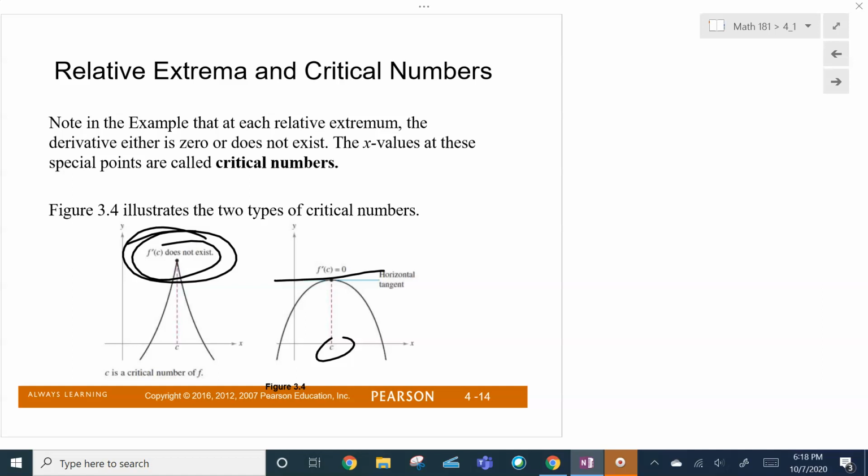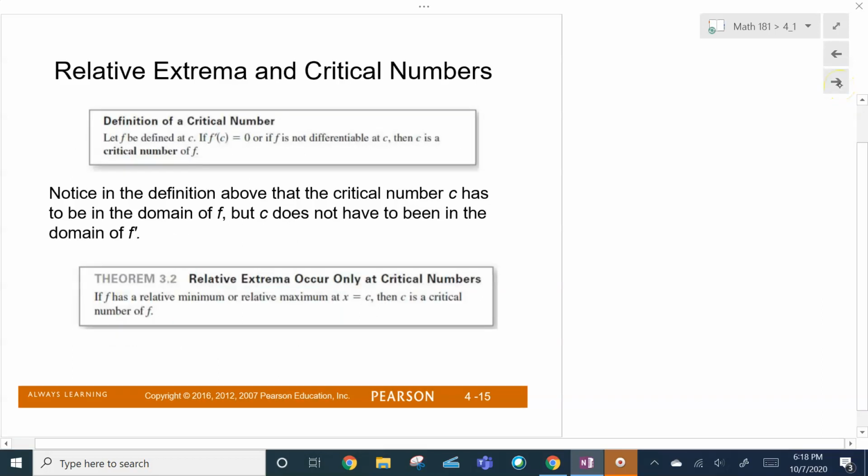Your authors, Haas, in University Calculus, only consider the critical numbers to be where you have a horizontal tangent. Just FYI for the homework. When you're looking at that, I think it's like number 17, remember that. With most textbooks, a critical number is where the derivative is 0 or where it's not differentiable. Again, your textbook considers it just to be where it's 0.